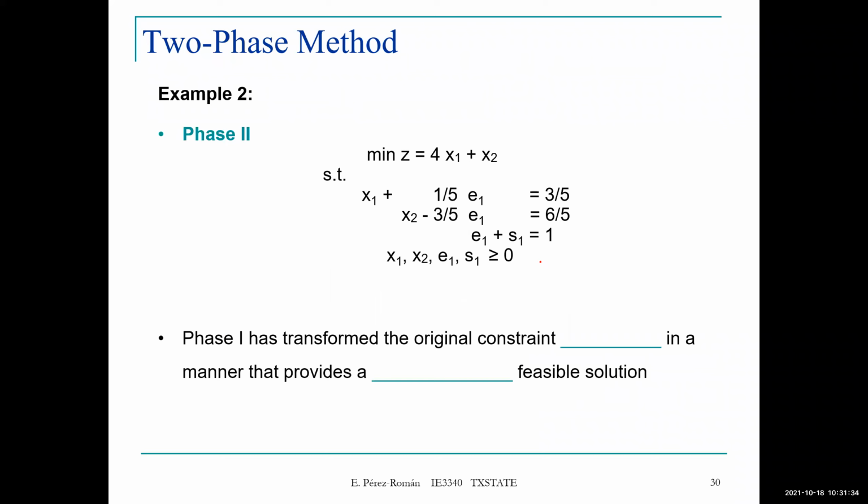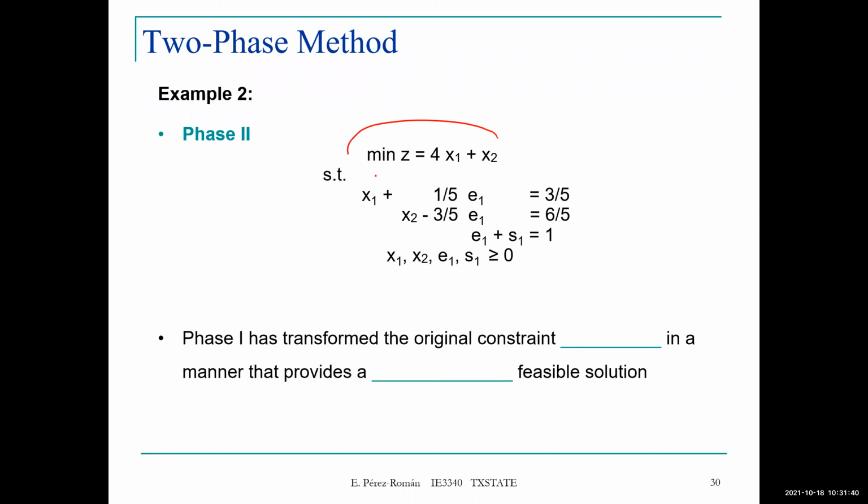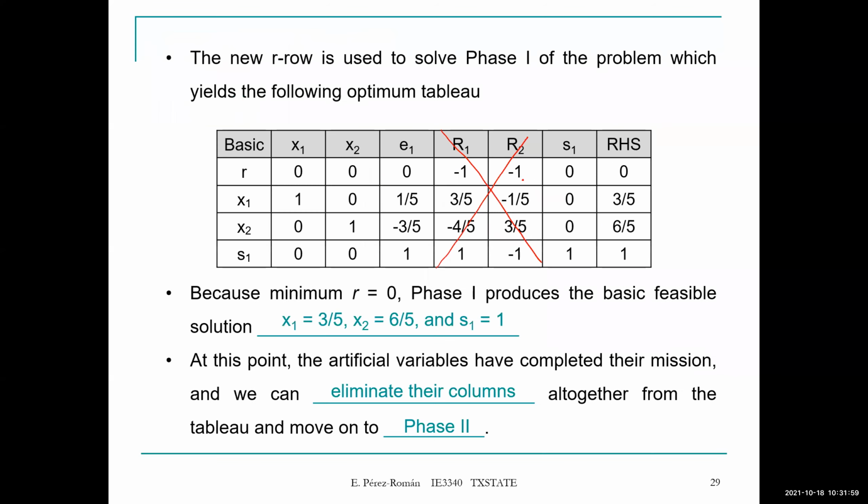So this is how your new problem is going to look. Now we are bringing back the original objective function in phase two. This is the original objective function. And these constraints are based on the coefficients from this tableau.